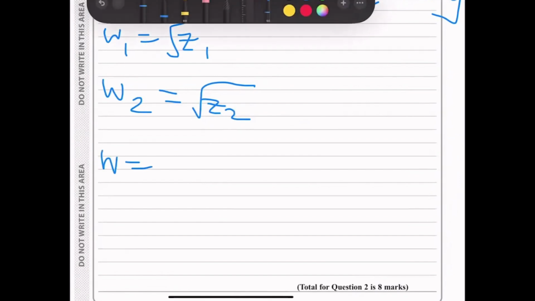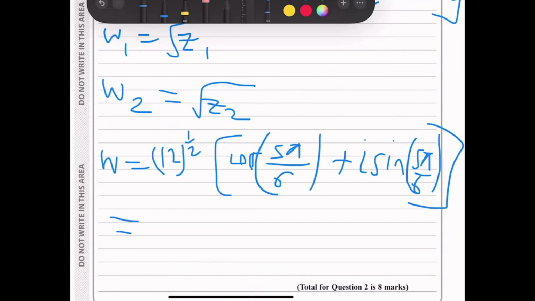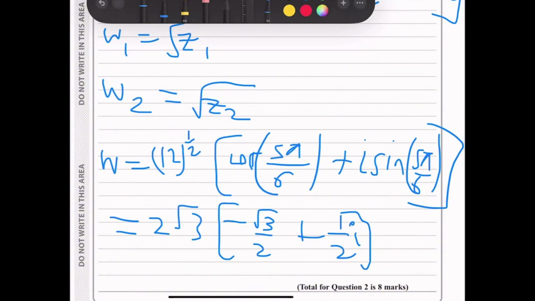So we have w equals 12 to the power half, cos 5 pi by 6 plus i sine 5 pi by 6. Then you simplify, you get 2 root 3 into minus root 3 by 2 plus half i.